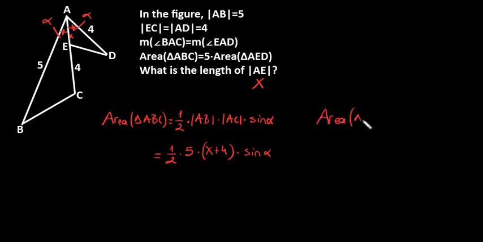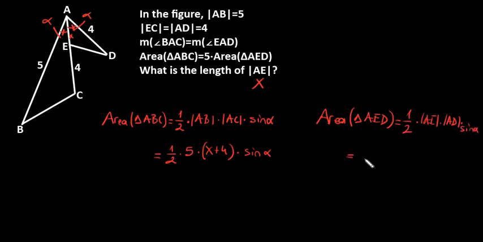Area of the triangle AED. That's going to be equal to 1 over 2 times, so I know that the measure of this angle is alpha. So AE times AD times sine of alpha.